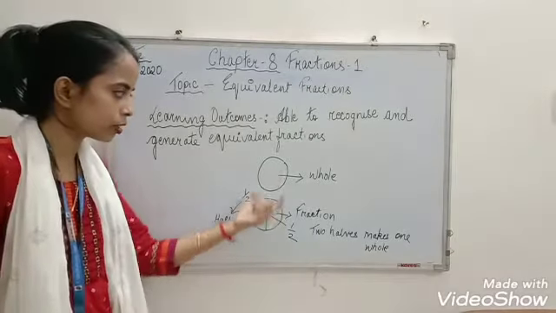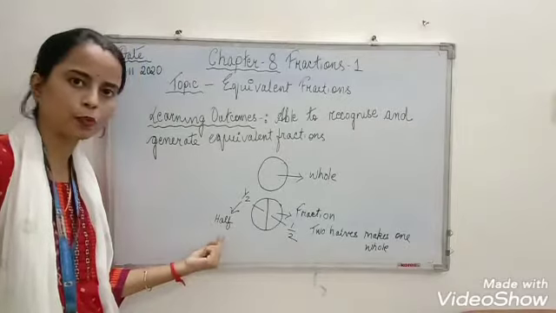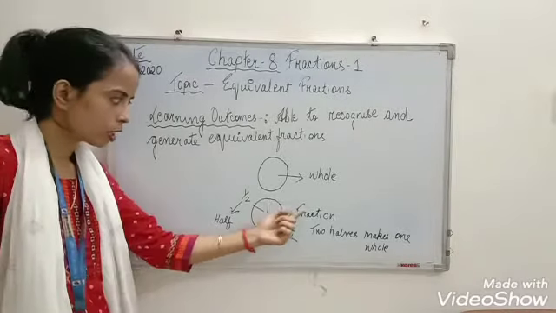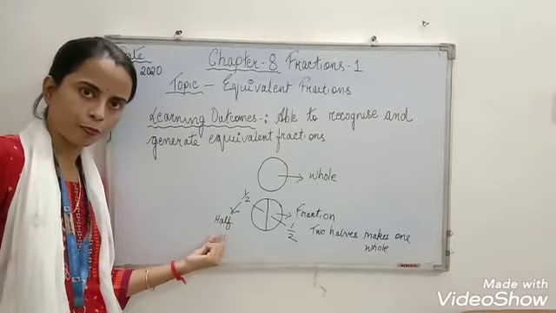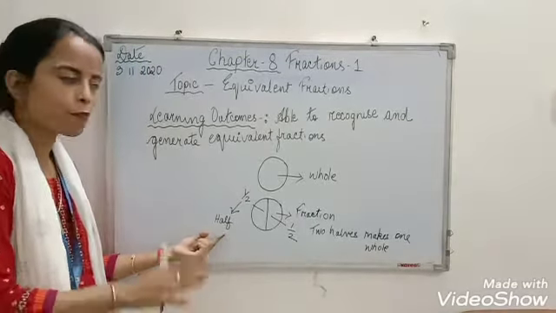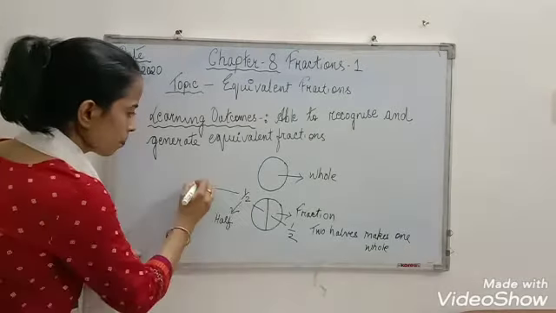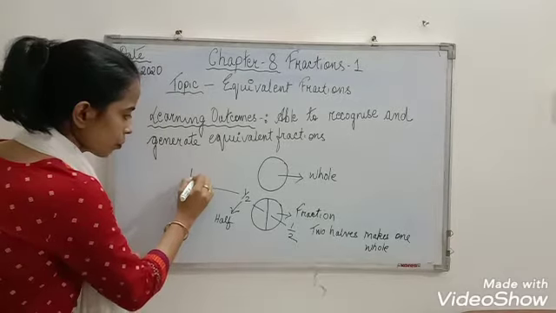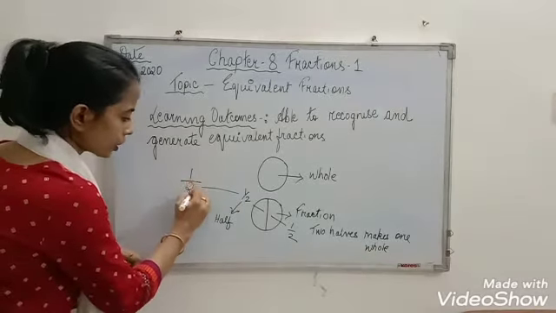This whole is divided into two equal parts, and each part we call it what? Half. Each part is a fraction. So I told you, like a general number, a fraction uses two numbers. One number on the top, as I told you, 1, and another number on the bottom.